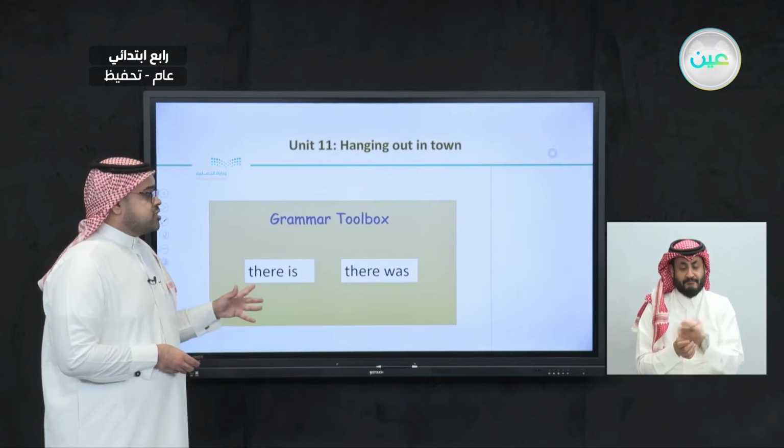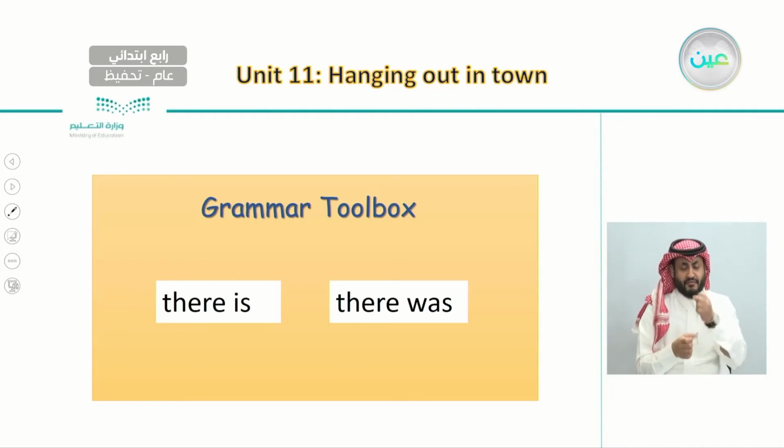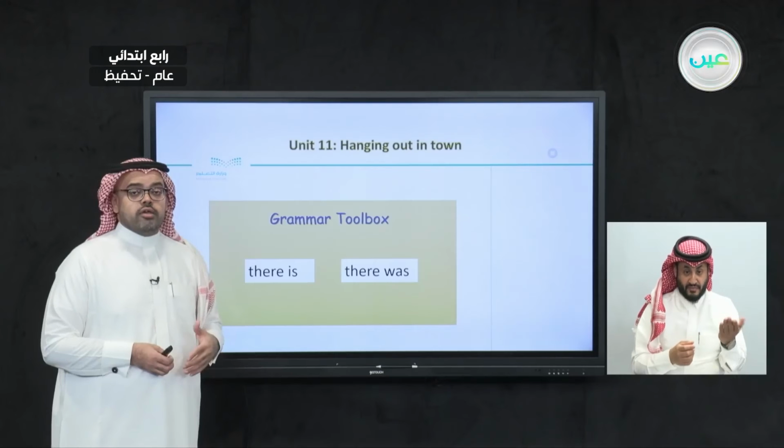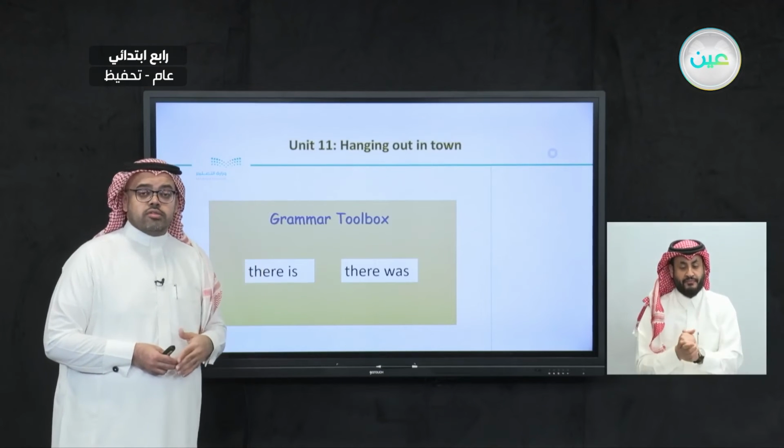Now on page 86, we have a grammar toolbox. So here we're going to learn the difference between there is and there was. So usually when we use there is, we're talking about something in the present or in the meantime. For example, there is rain in the sky.